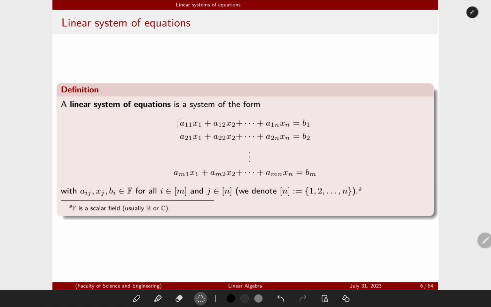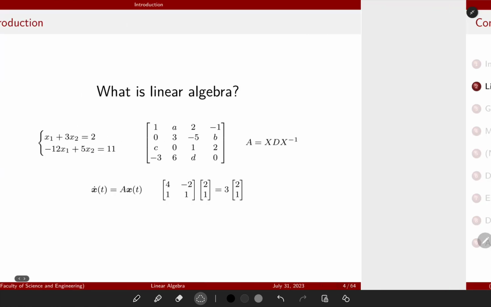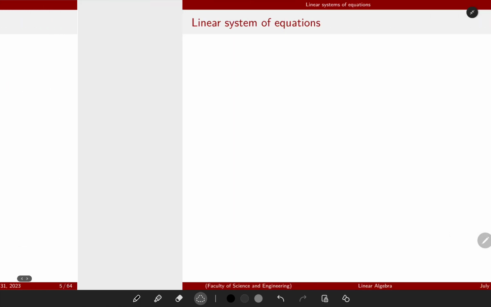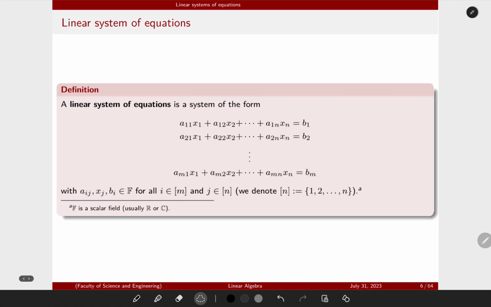So here, these a's are coefficients, and the x's are our variables. So if we go back here, for example, here we have a coefficient a11 and our variable x1, and we set them equal to some b's, which are here, and we take all of these in F, and F is a scalar field, so you can just think of it as a big blob of numbers, and usually it's the real numbers or the complex numbers, but we just denote it by F to keep it more general.